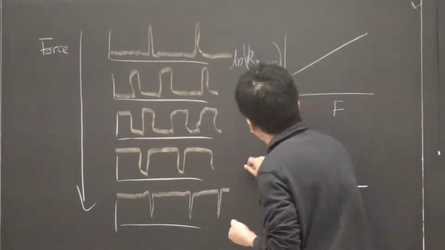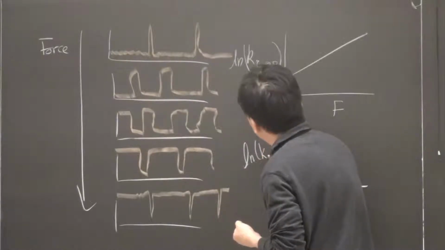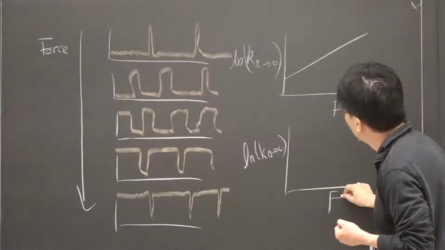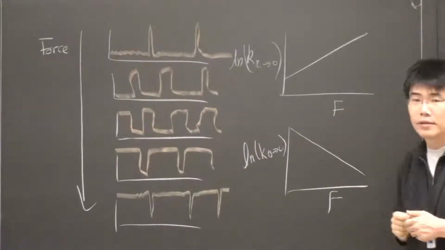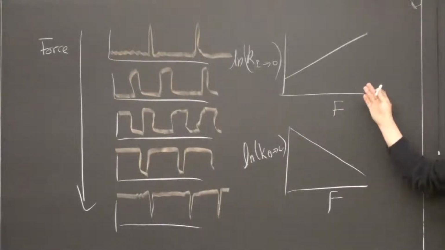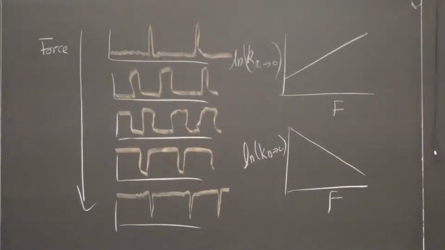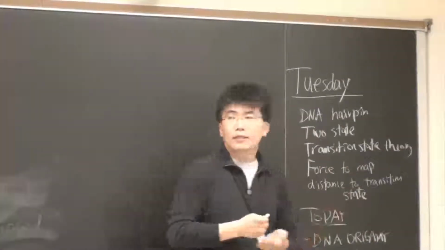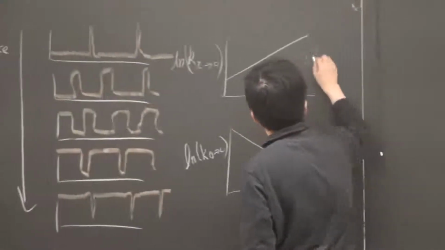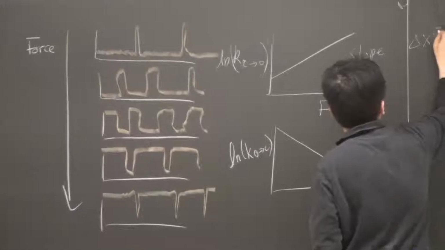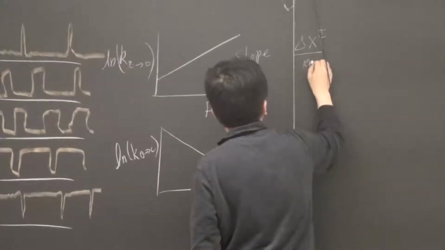And if you measure the rate of going from the open state to the closed state as a function of force, it will decrease. And the idea is that by looking at the slope, you can deduce the distance to the transition state, because the slope is basically equal to delta x to the transition state over kT.